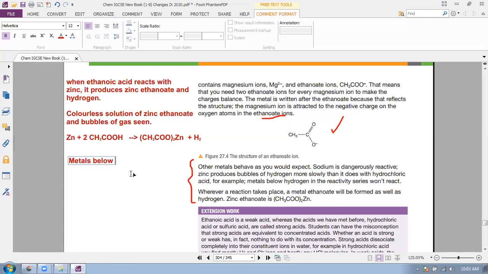Remember this. So even if I give you the question, write down the reaction between copper and ethanoic acid, you have to write there would be no reaction because copper is less reactive than hydrogen.